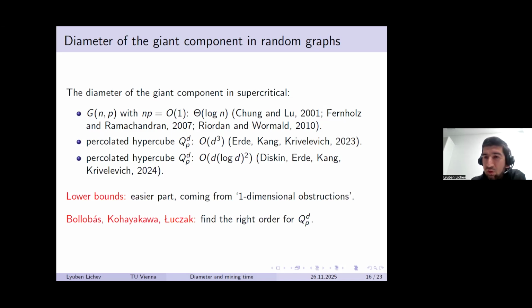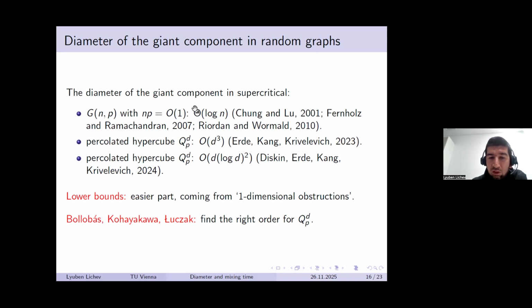And again, the situation is very similar to the one for the mixing time. So one-dimensional obstructions are what decide the lower bound. So in G(n,p), remember, we had paths of degree 2 vertices of length log n, which end with a leaf.